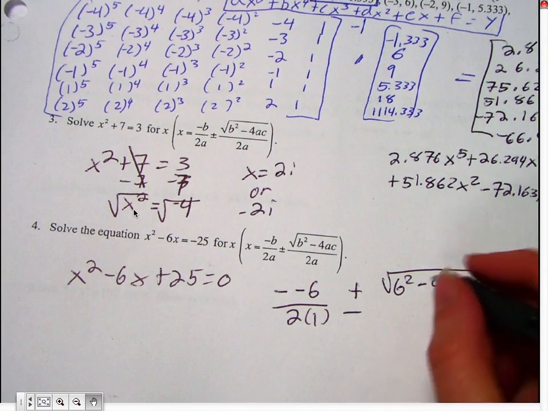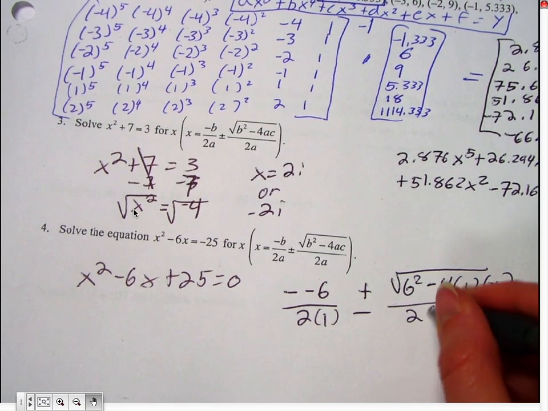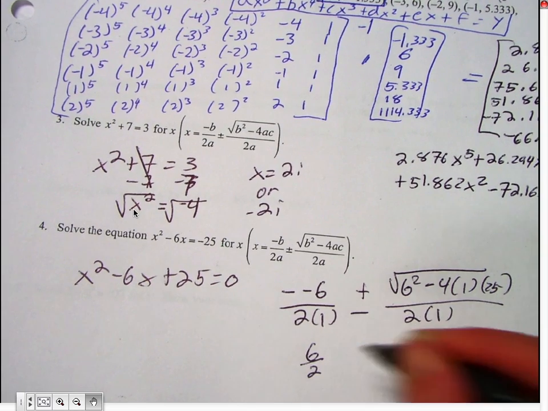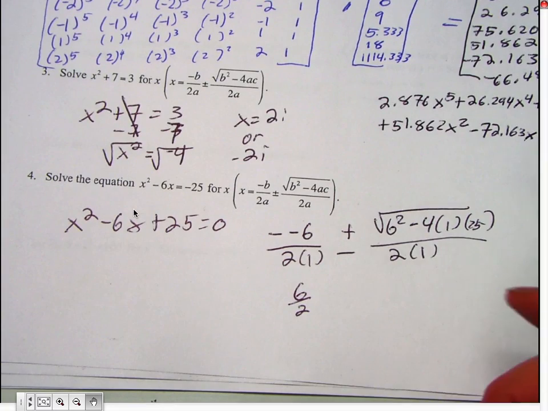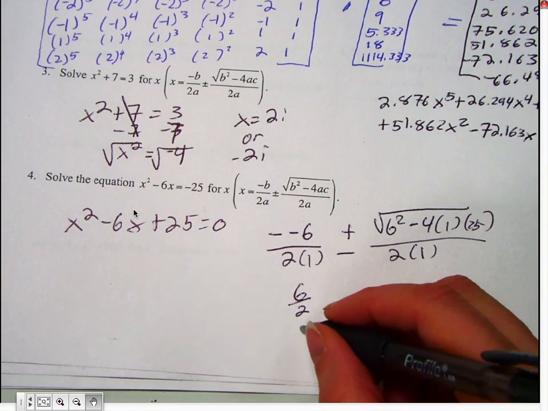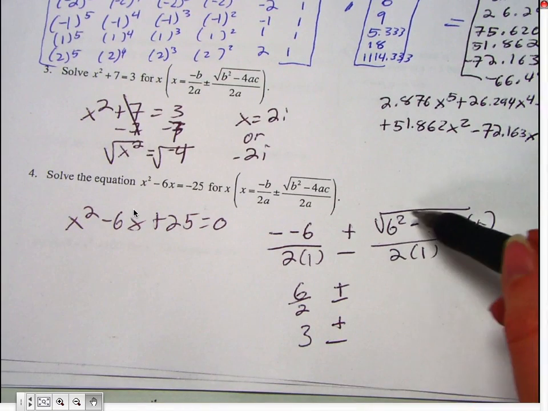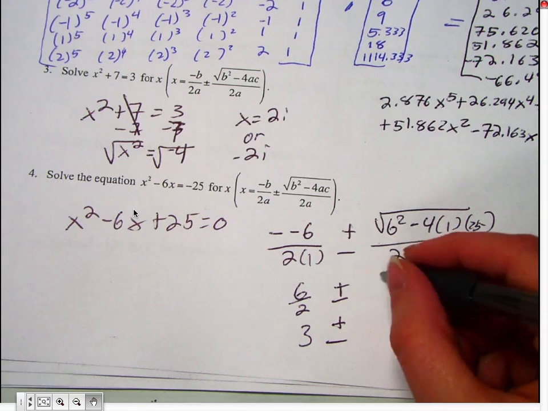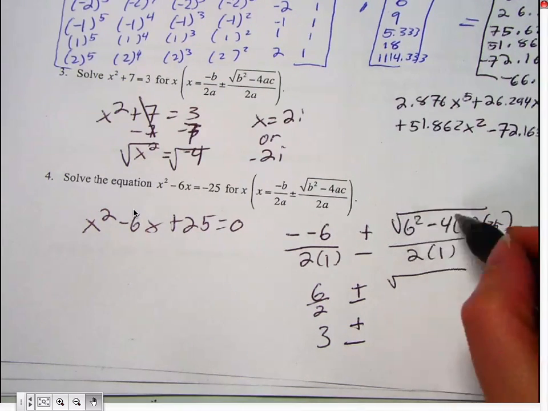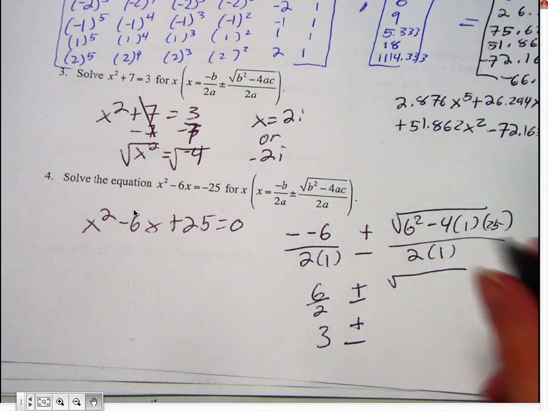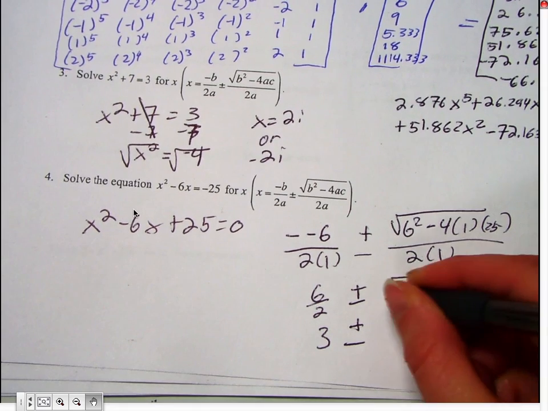So it doesn't matter, right? Times 2 times 1. This becomes positive. I get 6 over 2. What does that reduce to? 3. Good. Then I have the square root of 36 minus 4 times 1 times 25, which gives me 36 minus 100, which is negative 64, over 2.